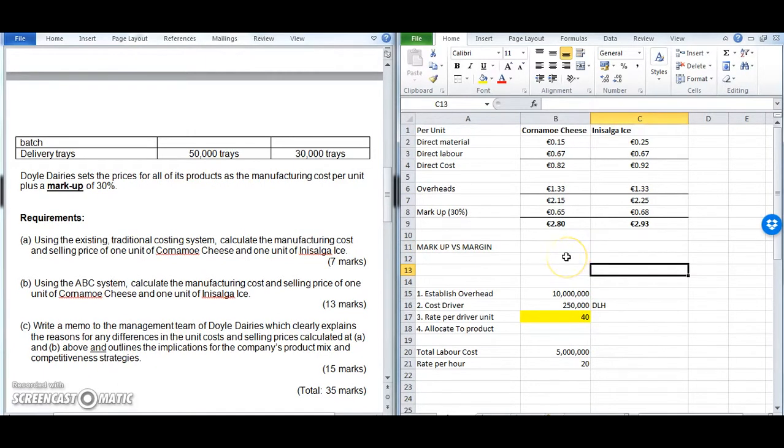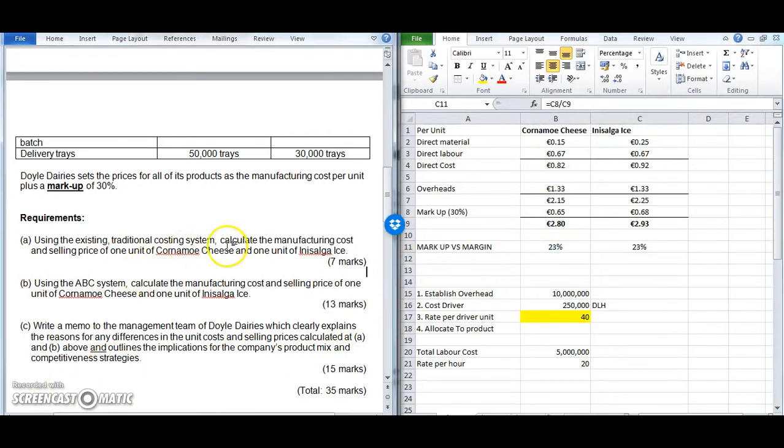So whereas the markup is 30%, the margin is in fact the 65-cent profit you're making over and above your costs, over the selling price. So your margin in this instance is 23%, and likewise it will be the same for Insalaga ice, so your margin is a consistent 23%. So that distinction is important, particularly when you go on and look at your CA, continuous assessment.